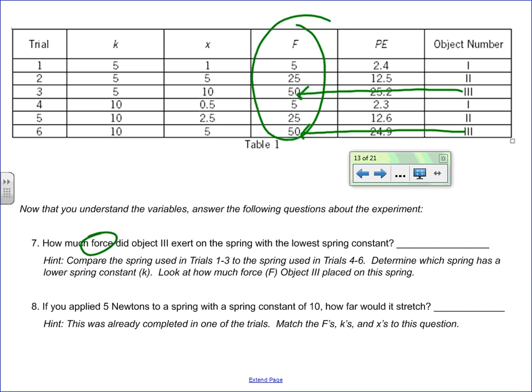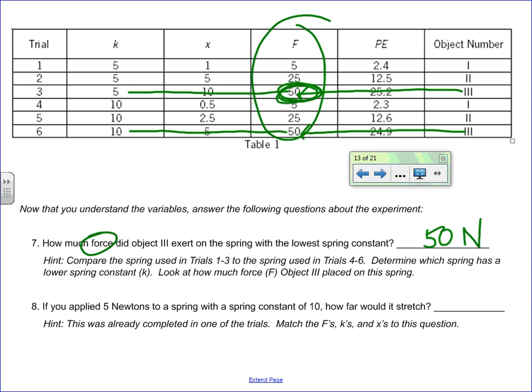Well, which letter is the spring constant? K. So which one has a lower K? This is trial 3, or this is trial 6? Which one has the lower spring constant? 3. So what we're actually looking for is this number right here. Now if you were going through it, you actually would figure out that they're both 50. So either way, you wouldn't actually need to go any further, because the right answer is 50. 50 bananas? Oh, no, no. 50 newtons.